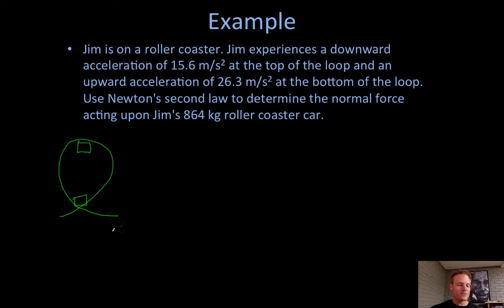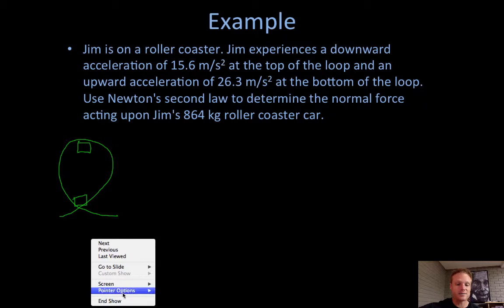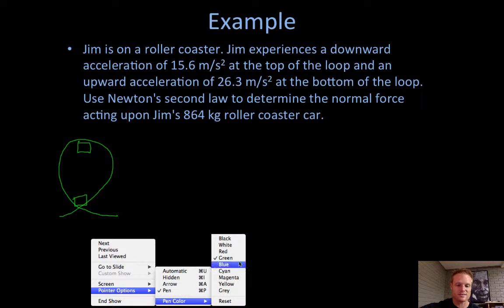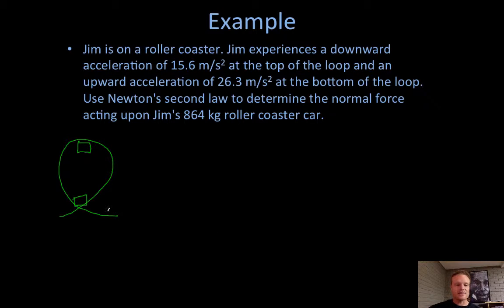Okay. So at the bottom of the loop, let's draw a free body diagram for this roller coaster. Let me just change pen colors here so that we can be more clear. At the bottom of the loop, the car experiences the force of gravity, and that's always down. And to balance the force of gravity, you have a normal force pointing up or perpendicular to the track.